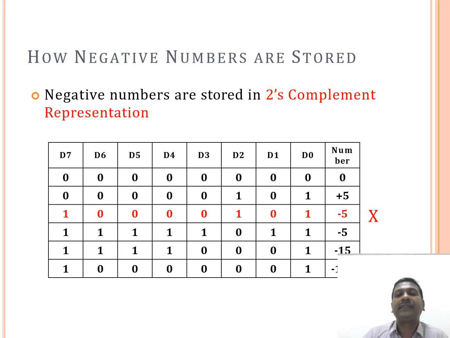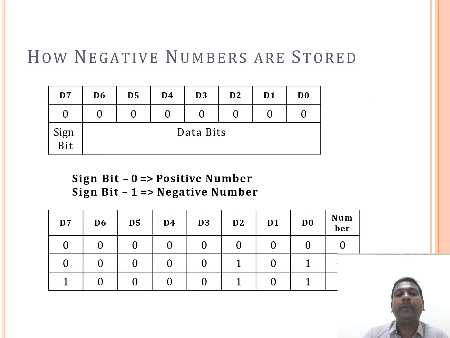So this is with respect to a negative number. The same applies to higher orders also. Everywhere we'll be converting that into 2's complement representation and just store that over here. For example, number 5: this is the binary equivalent, this is the 2's complement equivalent.